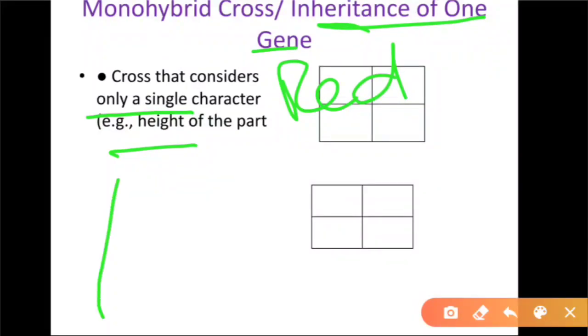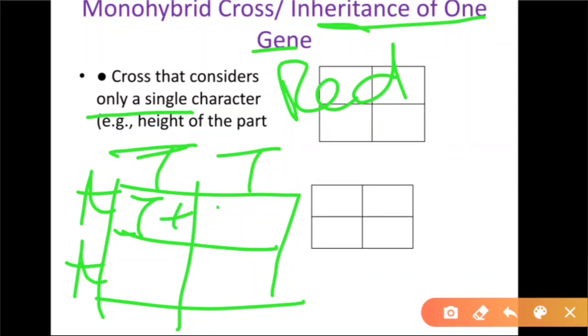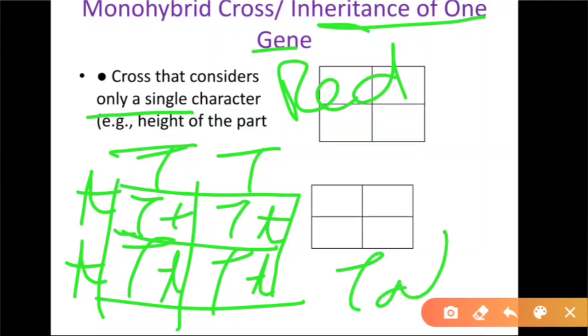If we perform the cross, tall and dwarf character, here is capital T, small t, capital T, small t, capital T, small t, capital T, small t. All are tall plants phenotypically, right?